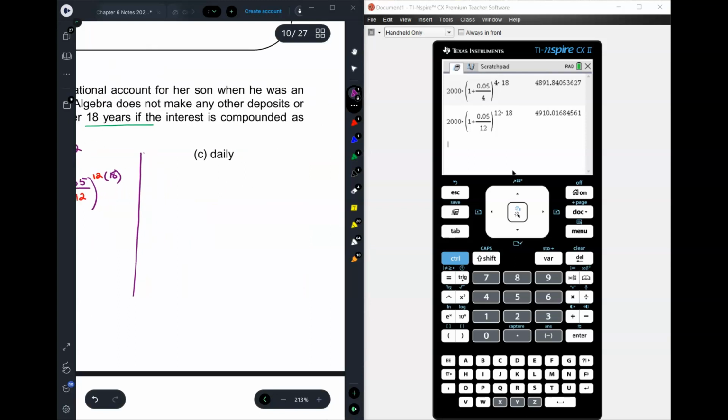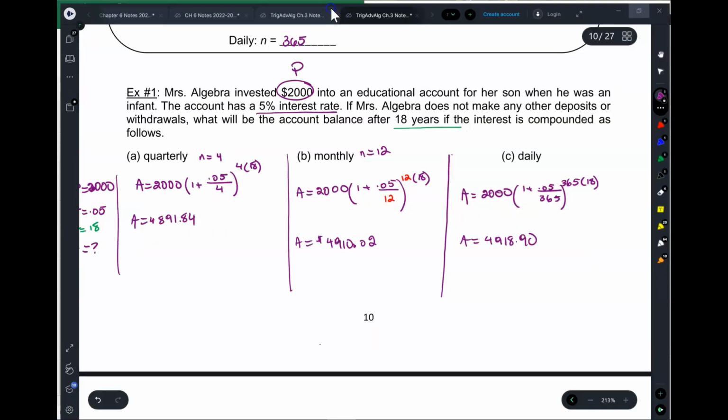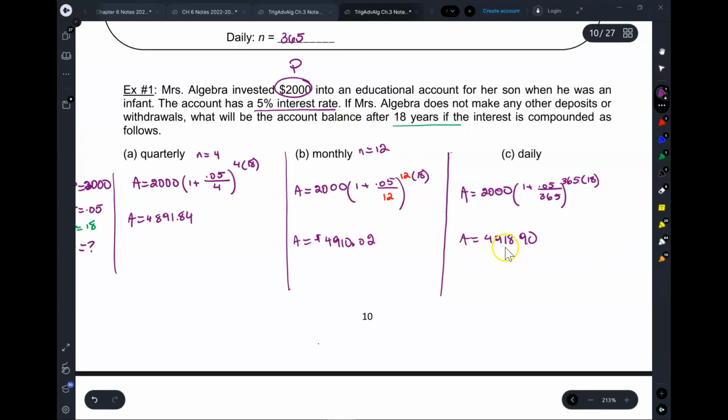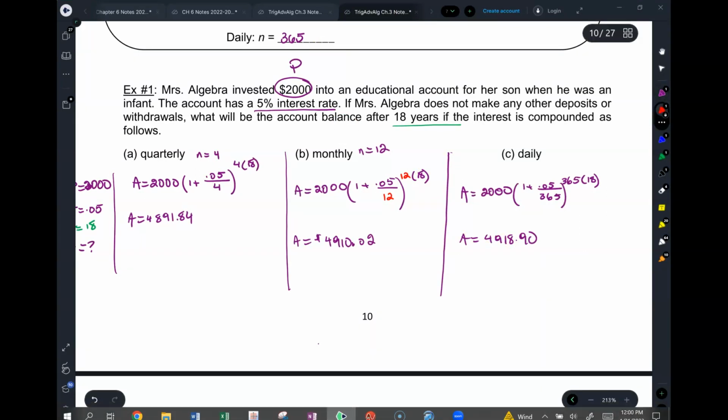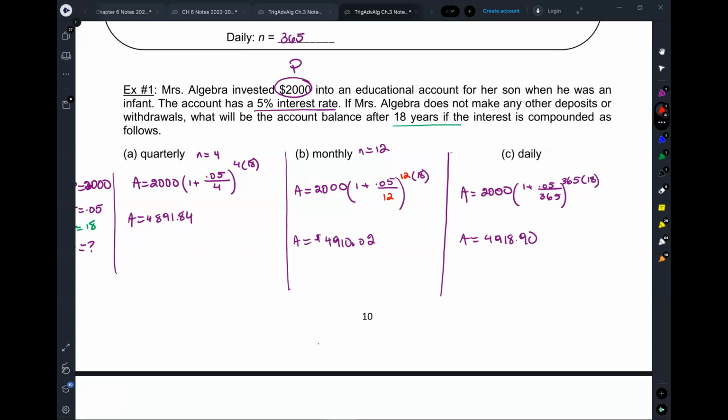Okay, next, go ahead. I'll give you 2 minutes to do the one for daily. So modify and enter in your calculator. 2 minutes. So we got $4,918.90. So take a look at what's happening here. In the first situation, this person is getting paid 4 times a year, then 12 times a year.